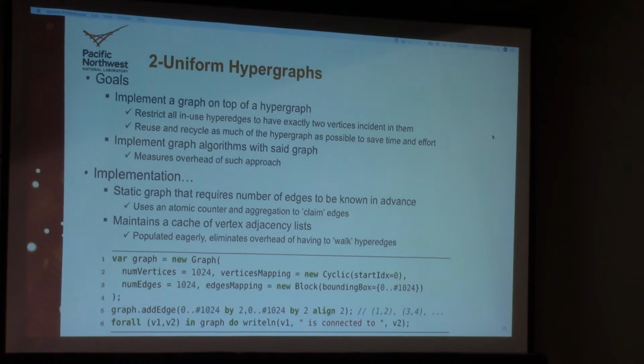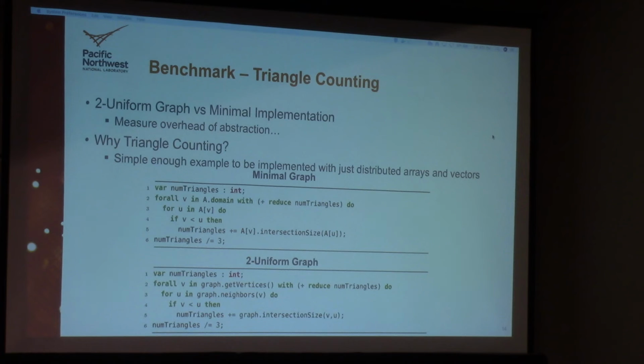The reason we have a cache is because in the hypergraph, if you wanted to find your neighbors for a vertex, you would have to walk from the vertex to the hyperedge to other vertices, and instead with the cache, you just have a constant lookup.